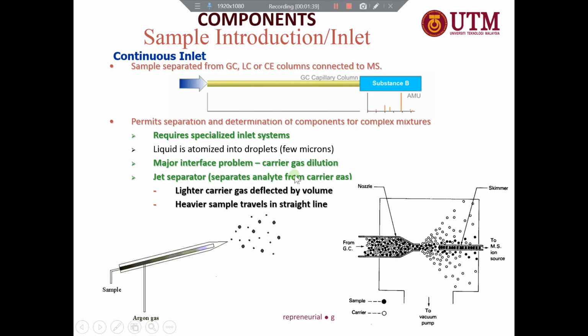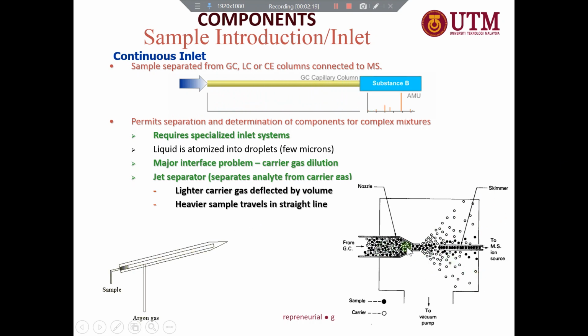But again, we have the jet separator system to counter this problem: the lighter carrier gas is deflected by volume, while the heavier sample travels in a straight line. If we look here, by using the jet separator, we have a very wide nozzle that suddenly becomes narrower. Because the weight and volume of the argon gas is very small, it will be deflected very much to the outside.